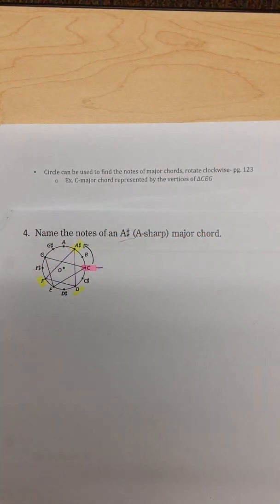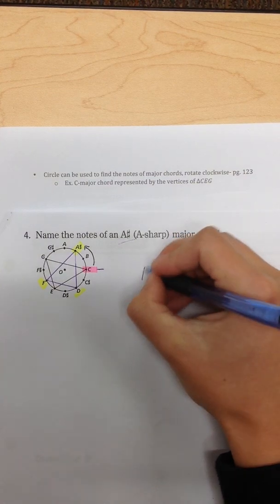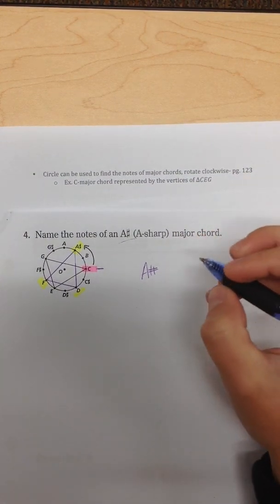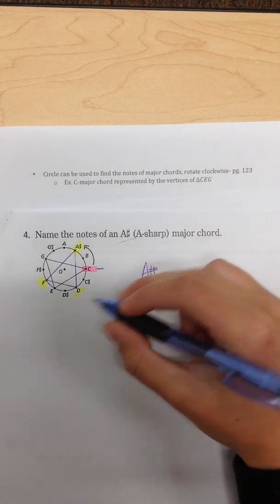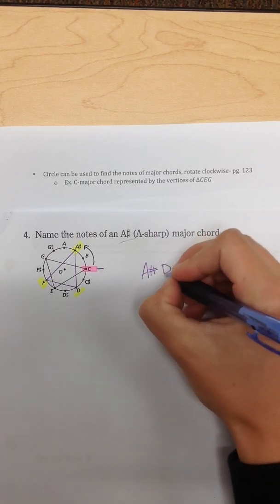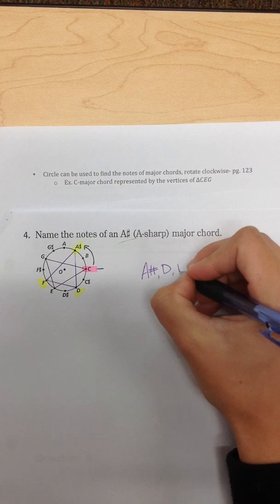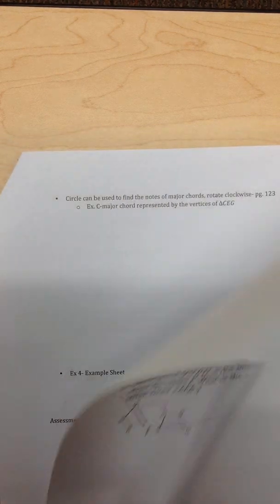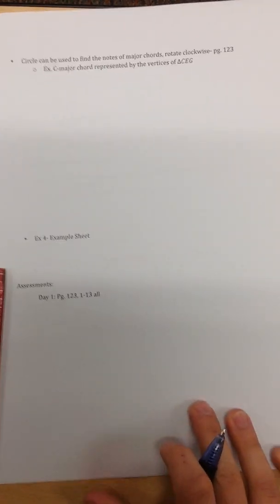So our notes for our A sharp are going to be A sharp, and then what's the next one? D and F. Okay, and I assume if you know anything about music that that's correct. I truly have no idea if that's correct or not, but I assume it is based on this example. Okay, so that's the last example there.